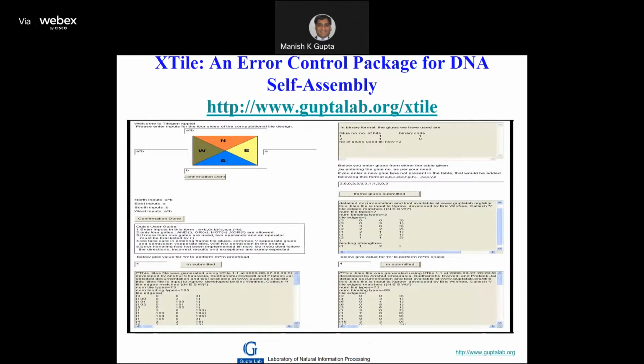So there is a standalone version of this, Xtile 3.0, which is available. If some of you want to make some contribution there, it's already written. Some patching is needed, and obviously you need to understand the whole code and the logic, which will take at least 1 or 2 weeks, depending upon your dedication. And then you can contribute.